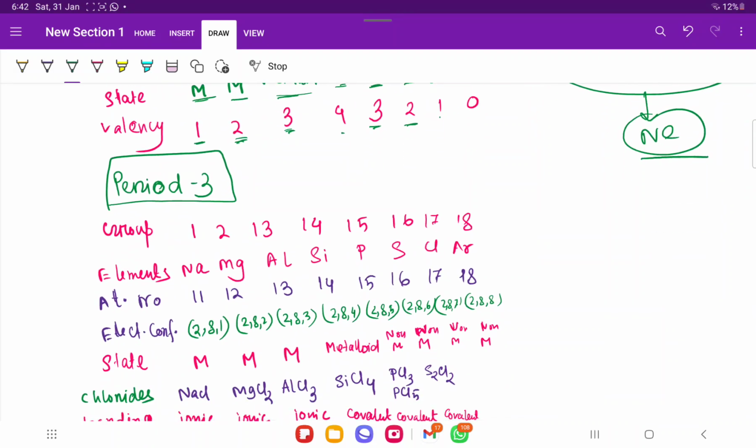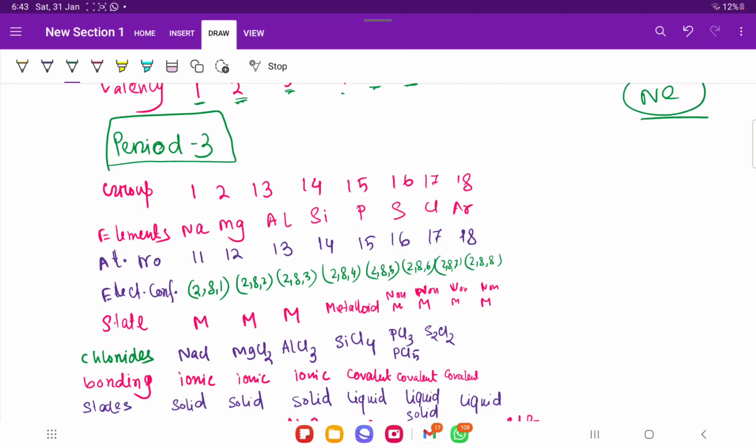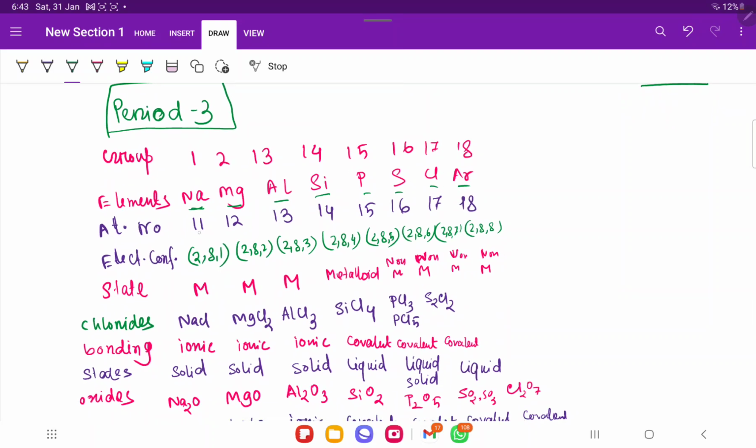In period 3, in a similar way, what elements are present here? If you see, basically group 1, their element is sodium, then magnesium, aluminium, silicon, phosphorus, sulfur, chlorine and argon. Their atomic numbers are 11, 12, 13, 14, 15, 16, 17 and 18.